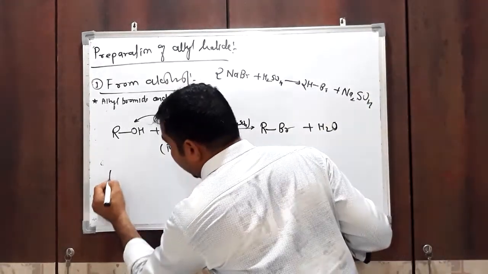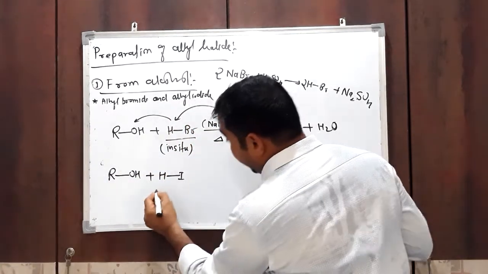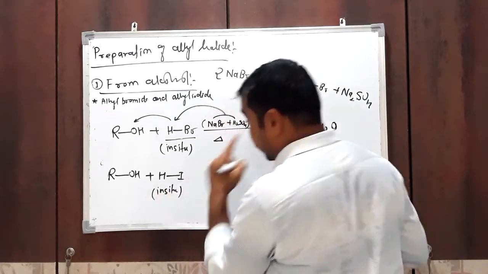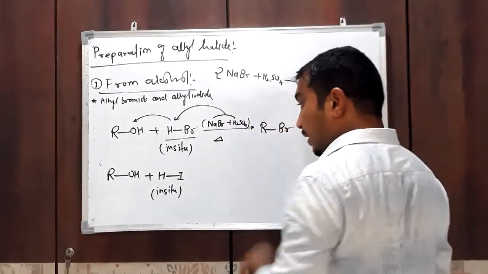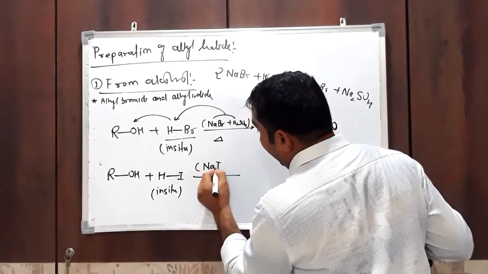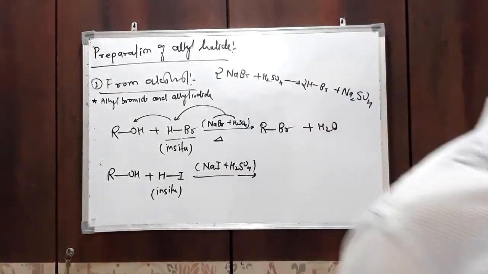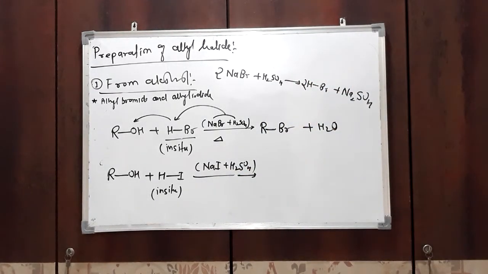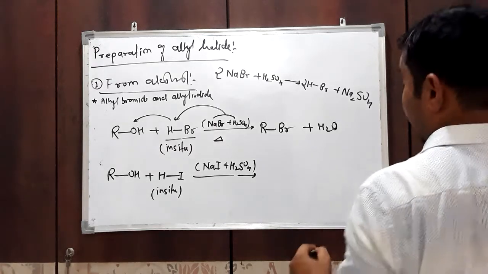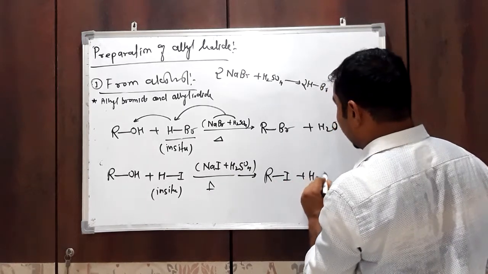Similarly, for alkyl iodide, ROH plus HI, that HI is not available in the lab. So we have to prepare it from NaI plus H2SO4, and then you will get RI plus H2O.